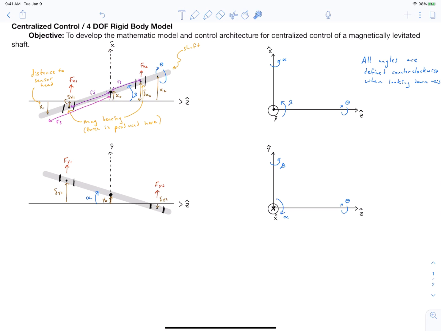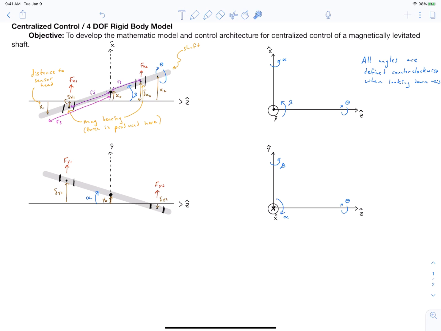And so I've got angles labeled around our shaft. The rotation of our shaft is defined as theta. The deflection of our shaft in the counterclockwise direction along the y-axis is labeled as beta. And the net deflection of our shaft in the x direction is labeled as x0.